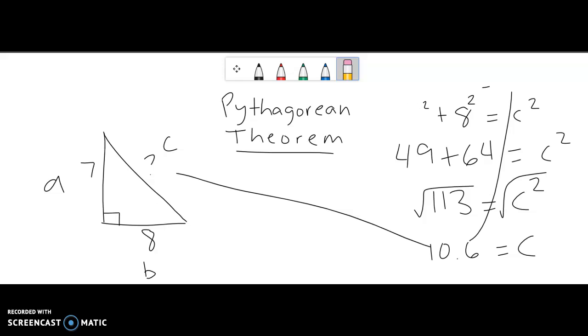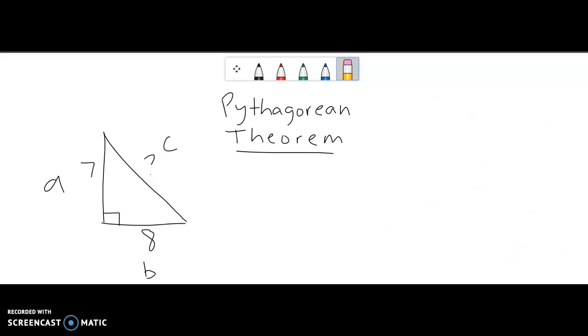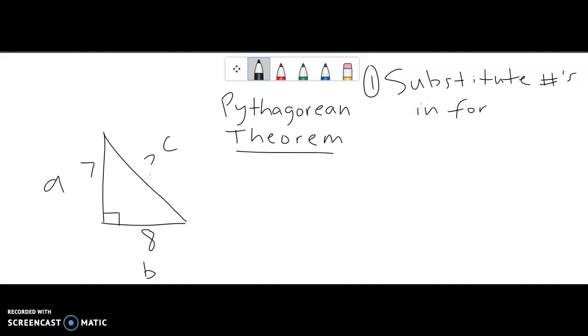So let's write that into steps for you all so you have some perfect notes. So create some steps here. Step 1, substitute numbers in for A and B. Remember, we took the number for A and we filled it in. I'll show you that again.